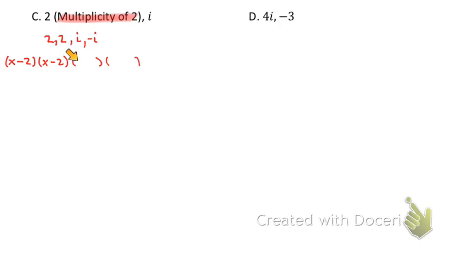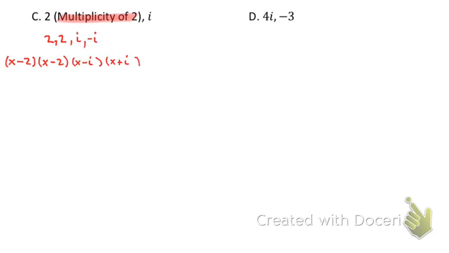This one turns into x minus i, and this one turns into x plus i. If you recall the steps, once I have my factored forms, we take care of the conjugates. I want to multiply these two first because they are complex solutions.